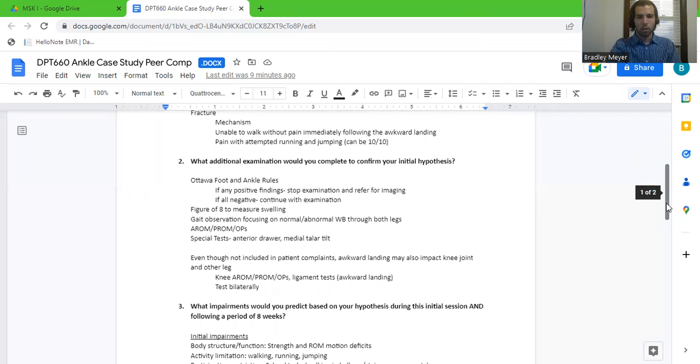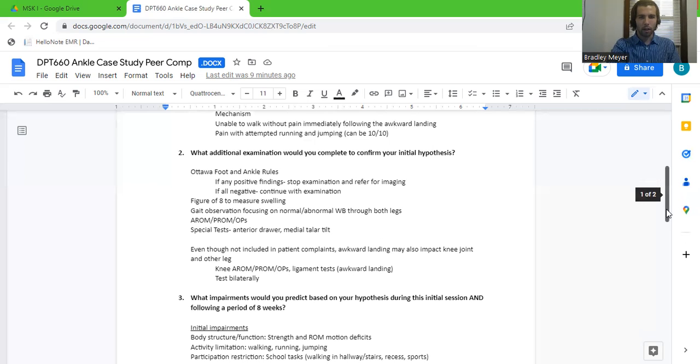So I would measure swelling with the figure of 8 tape measure method that we learned. I would observe her gait to see if there is any abnormal weight bearing through the limbs. Those two, the measuring swelling and gait observation, I would do along with the Ottawa foot and ankle rules.